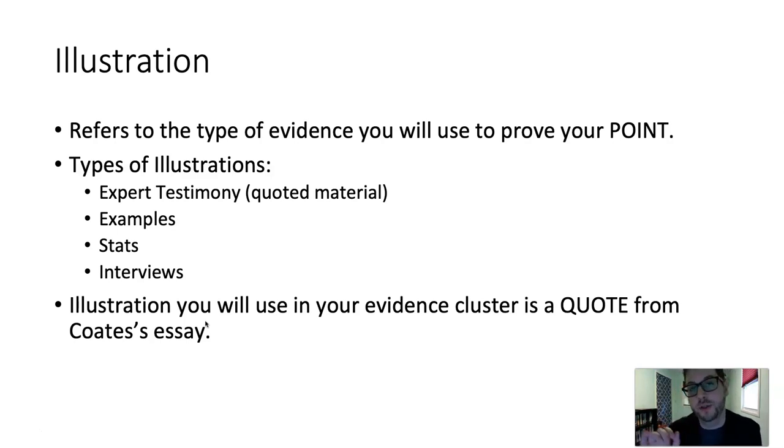That is the major illustration you have to use in the evidence cluster section of the paper. Moving forward, your illustration will be all other types of evidence. For this particular paper, you should use a quote from Coates' essay, an idea that you have found in Coates' essay.